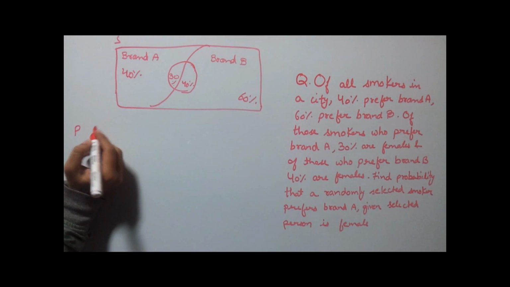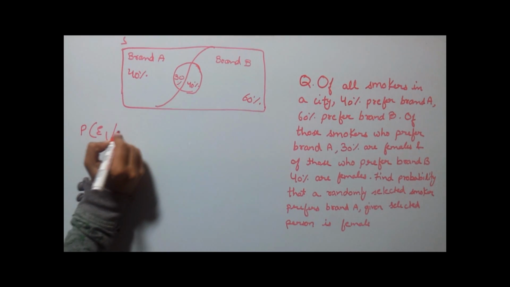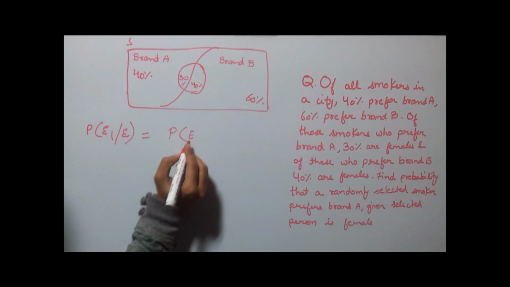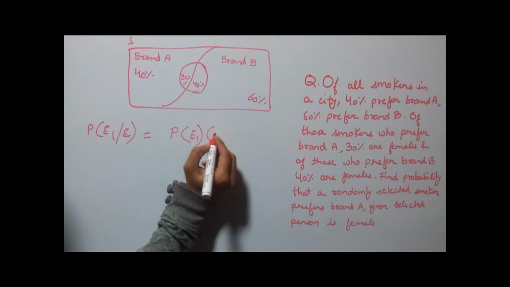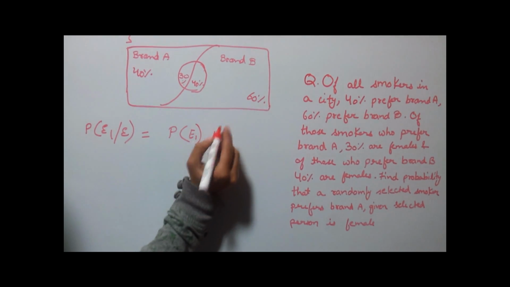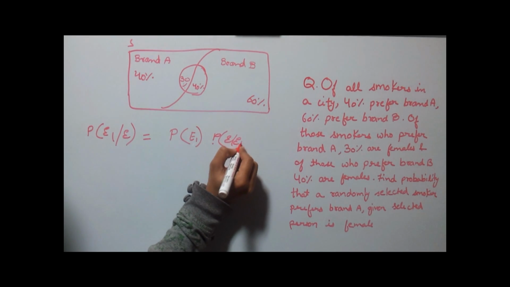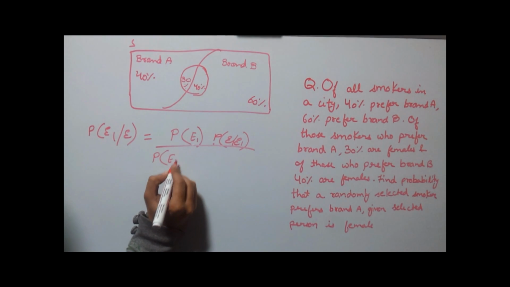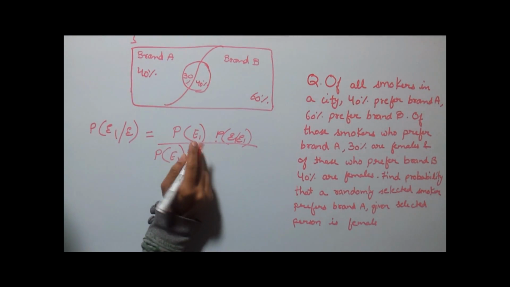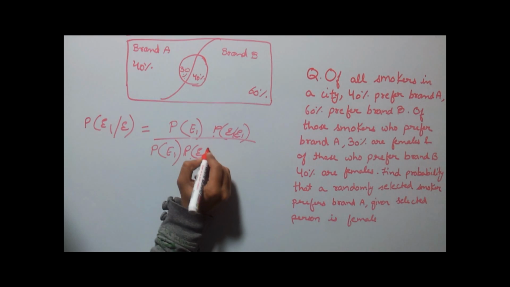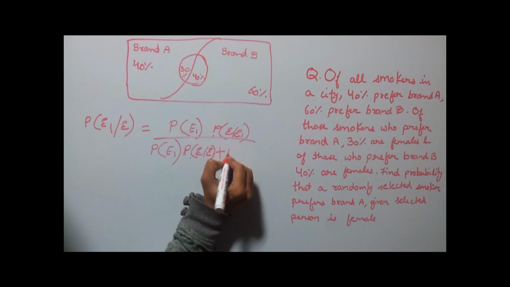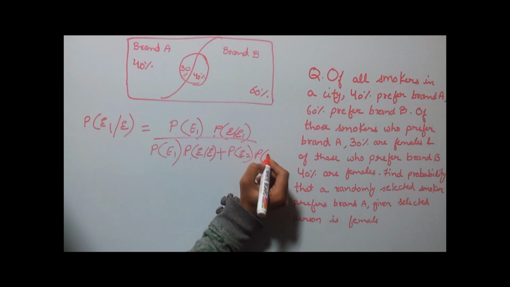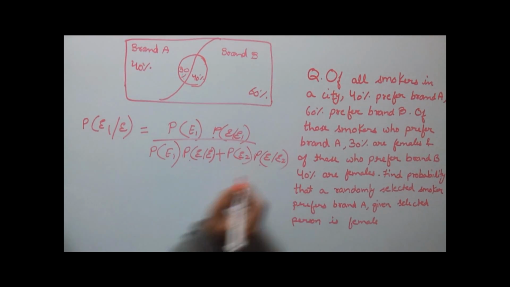So using our formula, that is E1 given E, we need to find the probability of E1 into probability of E given E1, divided by probability of E1 into probability of E given E1 plus probability of E2 into probability of E given E2.